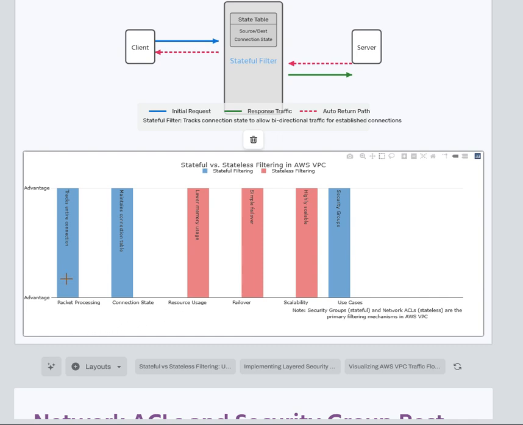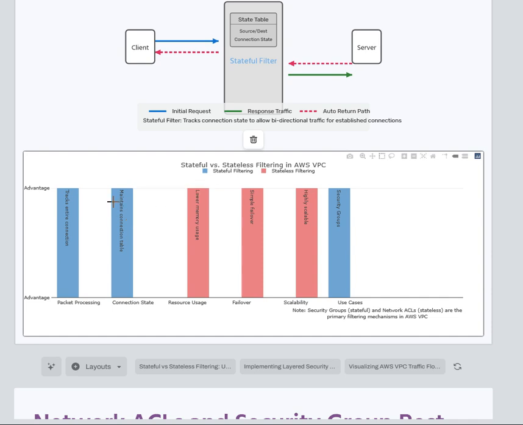So packet processing: examine the packet in the context of previous packets. In a stateful situation, return packets are allowed. It remembers the connection state.